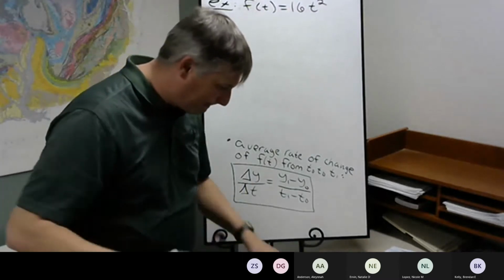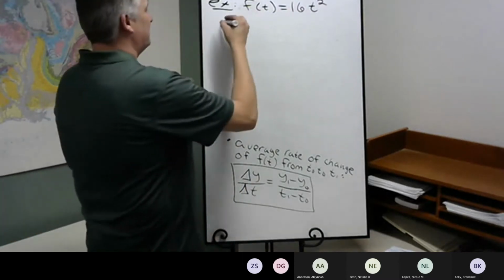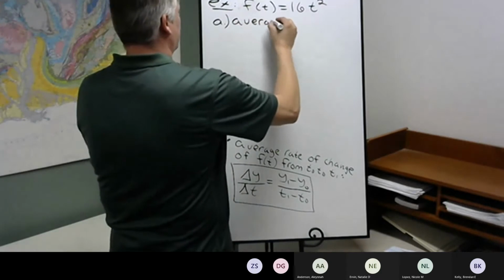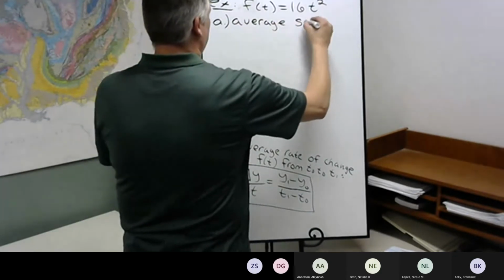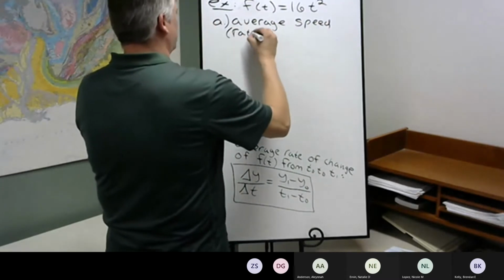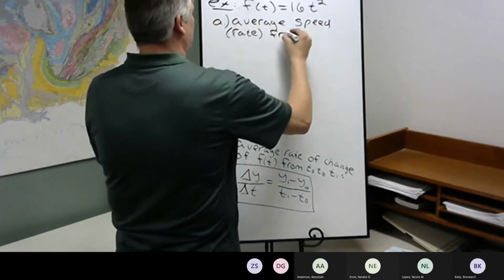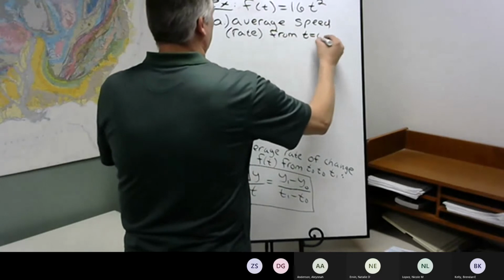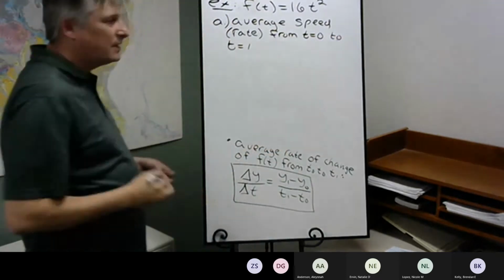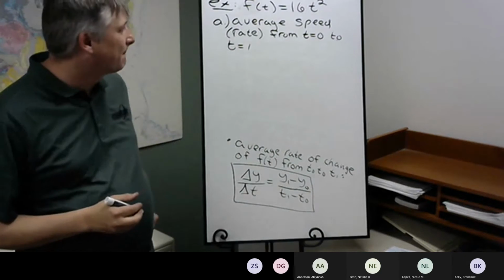And what we want is the average speed from t equals 0 to t equals 1.